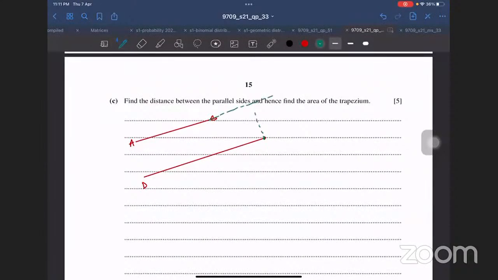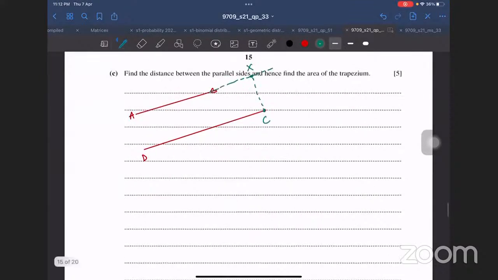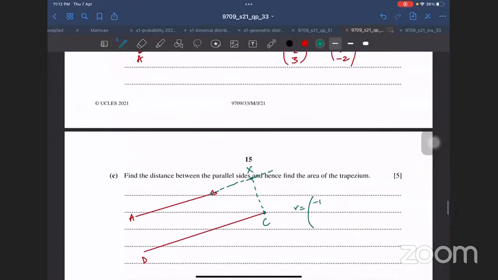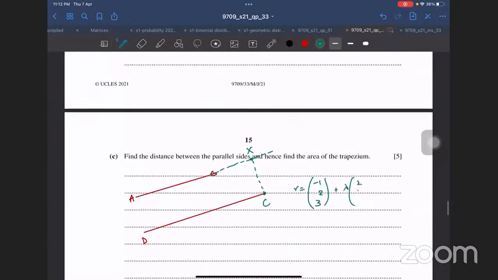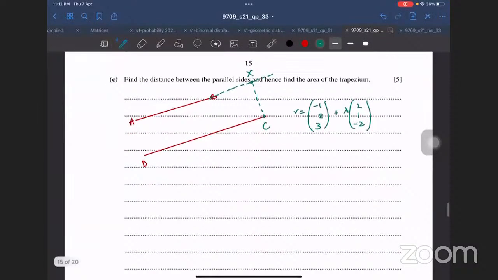So let's say I have the vector equation of this line. What I simply need to do is pick out any point. Let's pick out the point C and find the perpendicular distance that's called CX. That would give me the height of the trapezium. Okay. So if the vector equation of the line AB is minus 1, 2, and 3 plus lambda times 2, 1, and minus 2, I could say that X has the general coordinate minus 1 plus 2 lambda, 2 plus lambda, and 3 minus 2 lambda.